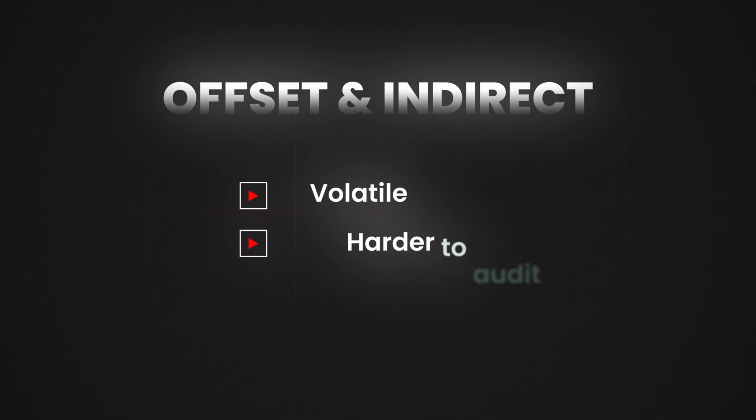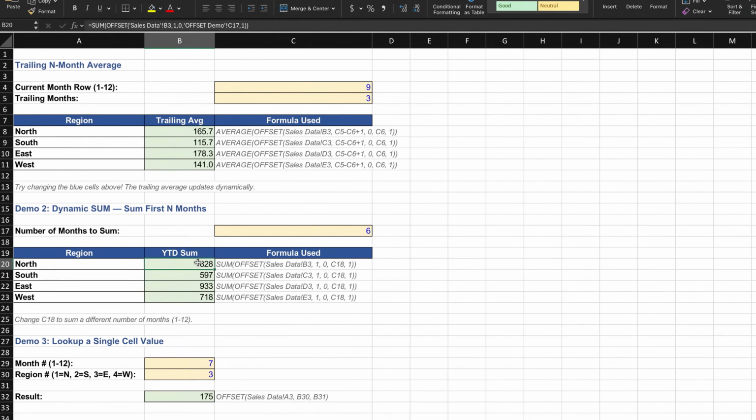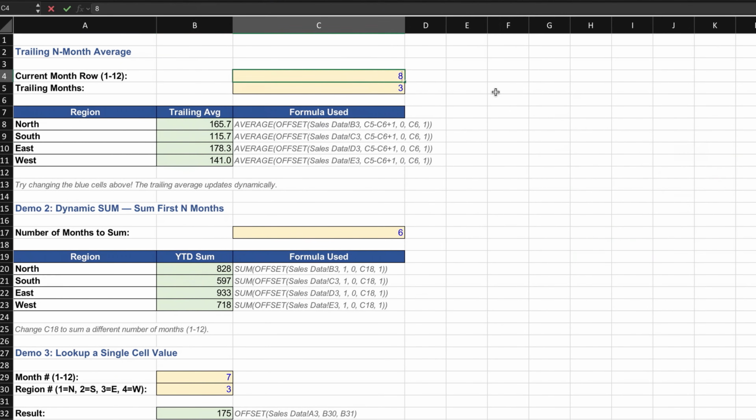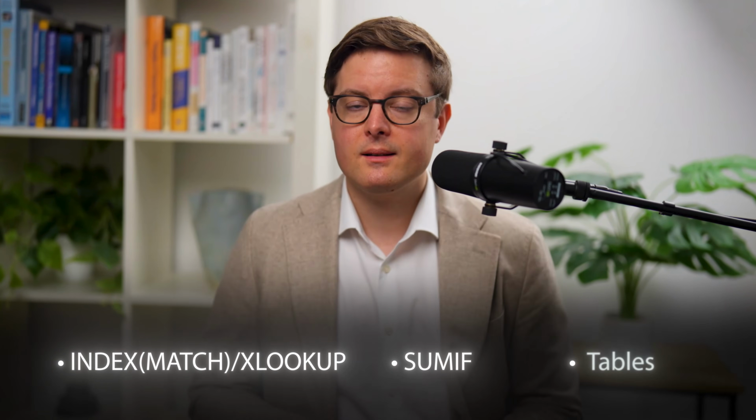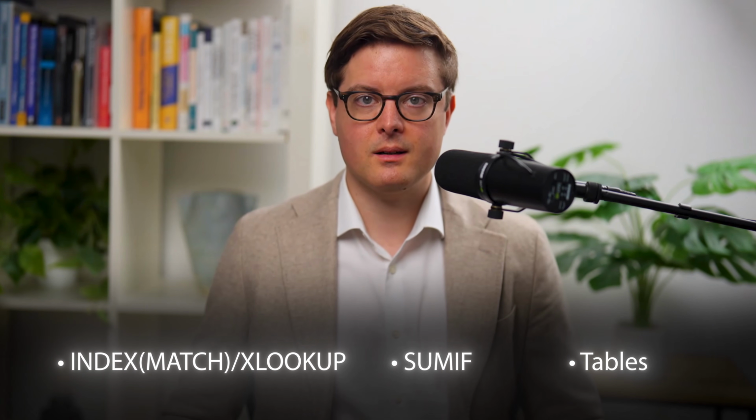They are also harder to audit. Trace dependents functionality will not identify them, and likewise, there are issues with trace precedents. So a much better approach is to use index match or XLOOKUP, SUMIF, or Excel tables for referencing another cell.